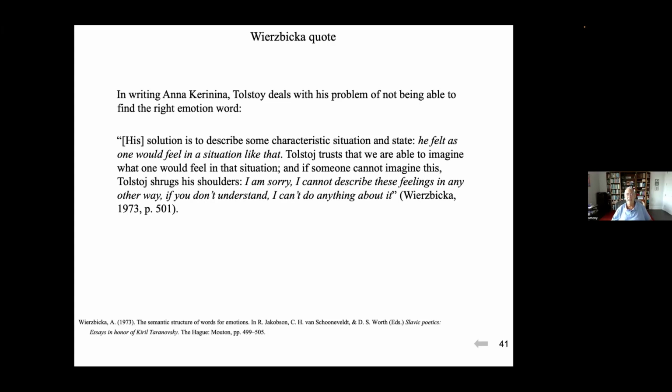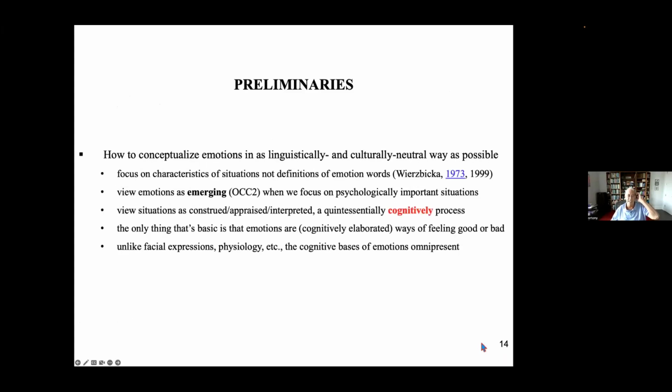Tolstoy trusts that we're able to imagine what one would feel in that situation. And if someone cannot imagine this, Tolstoy shrugs his shoulders, quote, "I'm sorry, I cannot describe these feelings in any other way. If you don't understand, I can't do anything about it." I find this a very powerful and interesting, illuminating quotation.